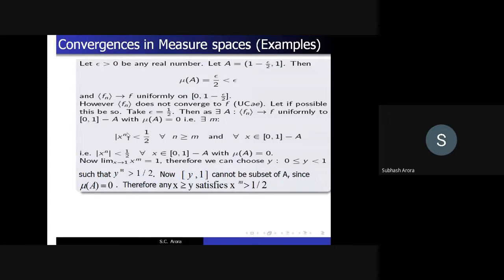We can prove this. Here is the proof. Let epsilon greater than 0 be any real number, and let A be equal to the open interval (1 minus epsilon by 2, 1). What is mu of A?